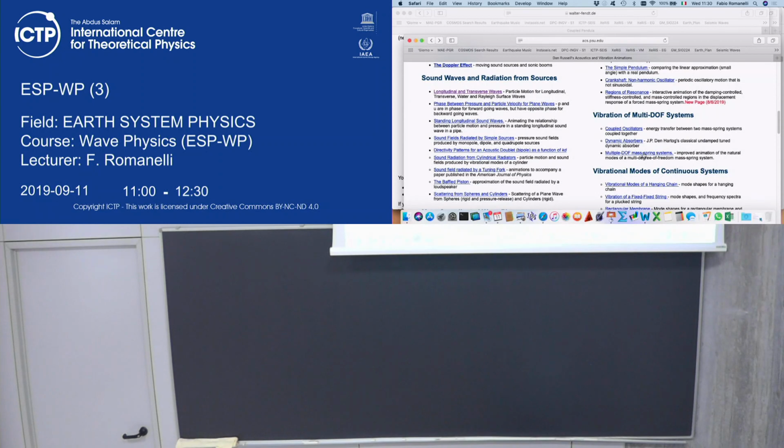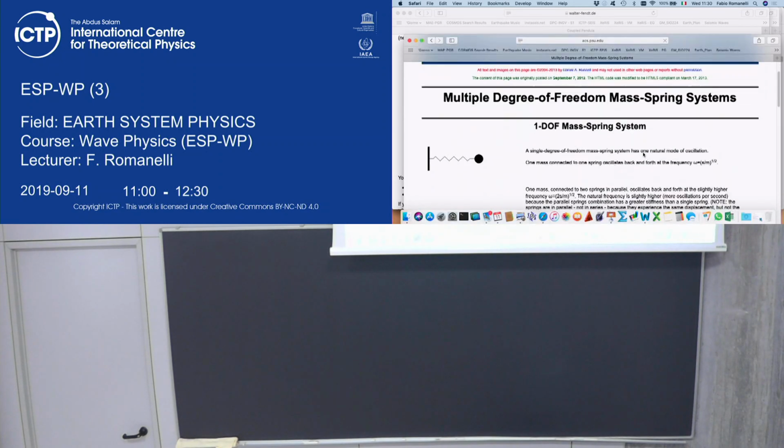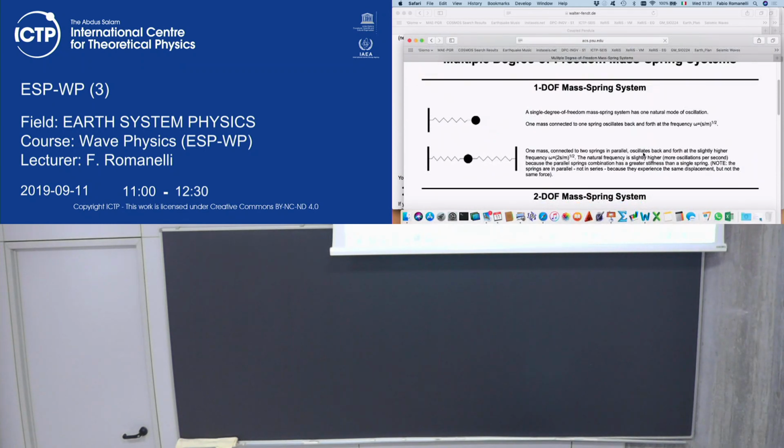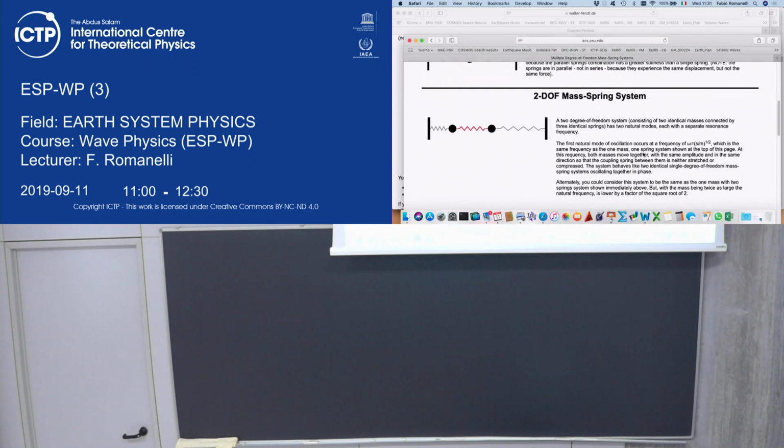Another multi-degree mass. I think, Dr. Russell. Okay, we can use this one. One DOF, 1 degree of freedom system. We did it. Okay? 2. We did it. We've just done it.